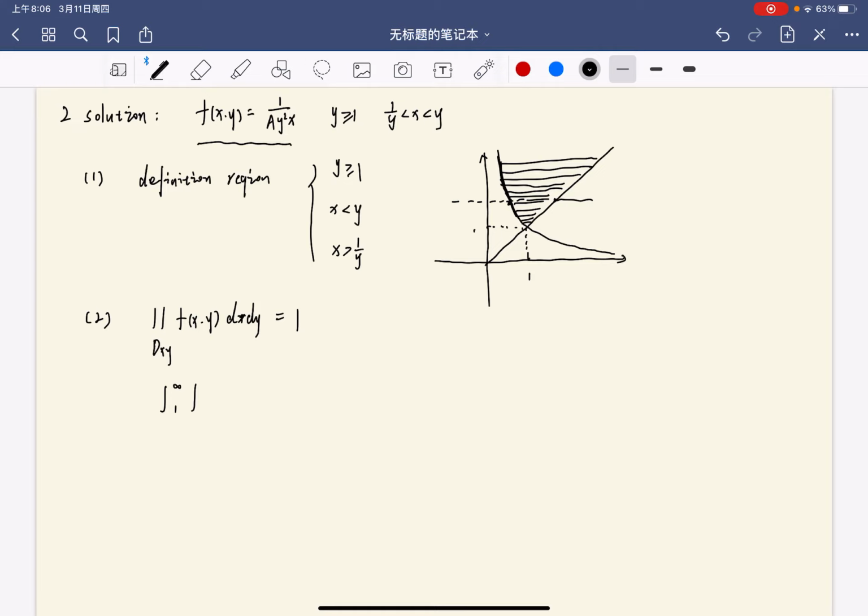So when we calculate the integral for x, the upper limit should be y. The lower limit should be 1 divided by y.